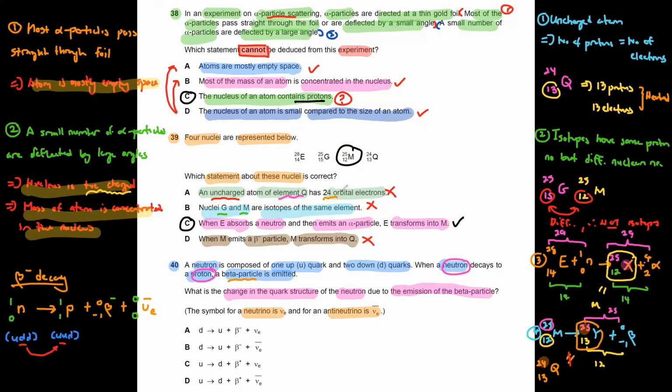So a down quark changes to an up quark, and then you have the emission of your beta minus particle and your electron antineutrino. So your answer here should rightly be B, where they've stated here down quark becomes an up quark plus your beta minus particle plus your electron antineutrino. So this is the last question for this paper.